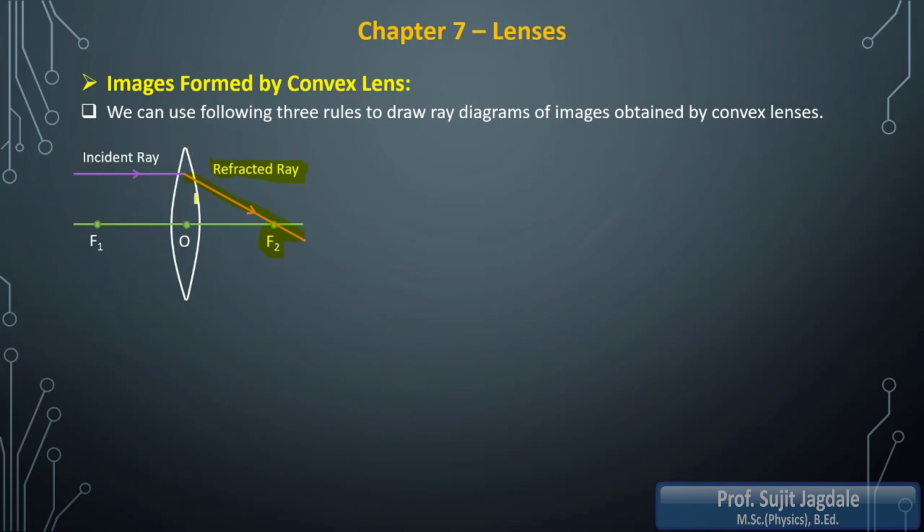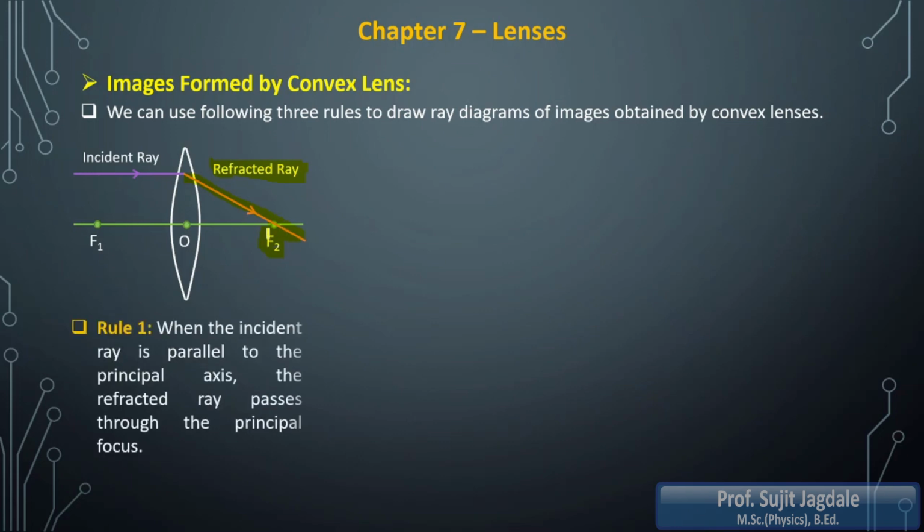After refraction, all the rays converge at that focal point F2. So whenever light is incident parallel to the principal axis, the refracted rays pass through the focus. Therefore, we get the first rule.